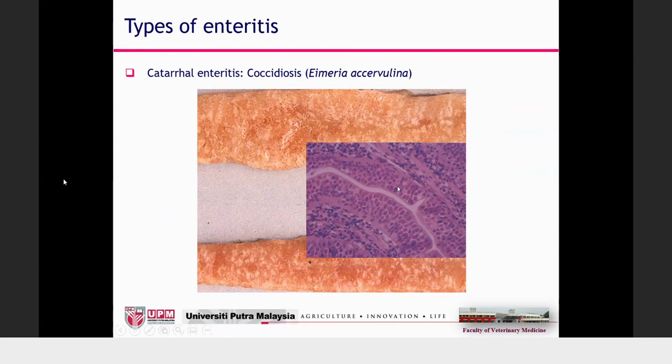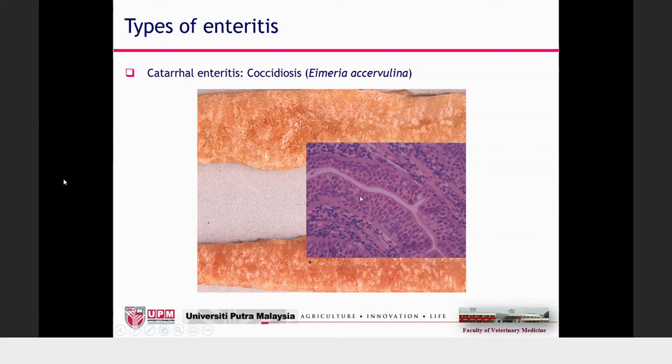That's why when you go further, this again, Eimeria acervulina, you can see there's an enterocyte. And you can see that those are different stages of Eimeria acervulina present in the cytoplasm of the enterocyte. They don't go to the lamina propria and go anywhere. They're only present there.